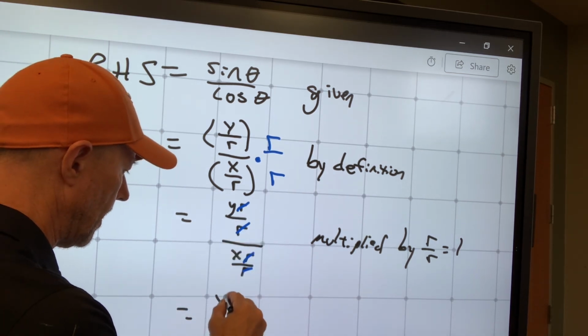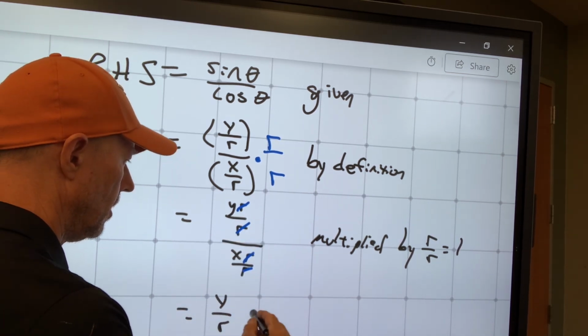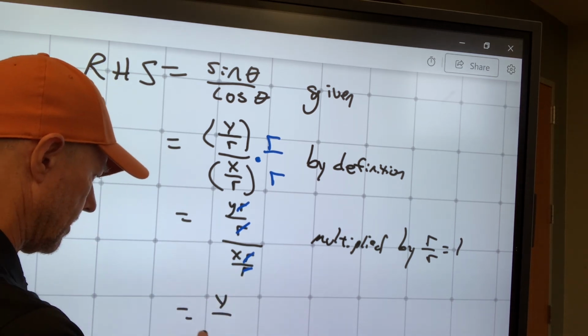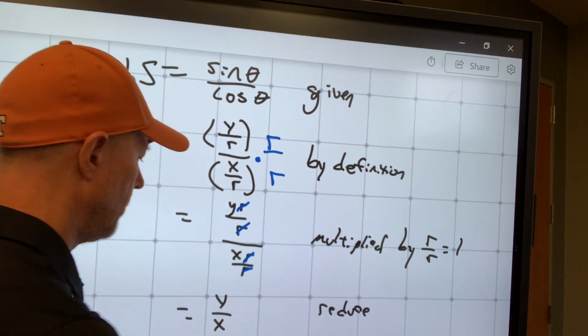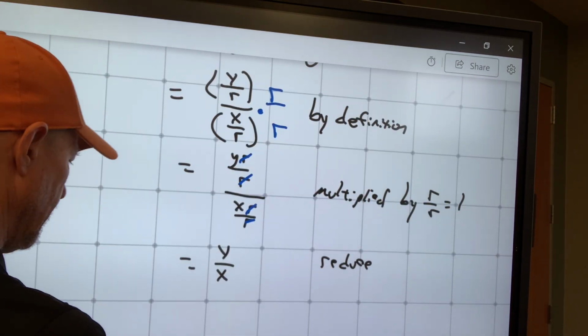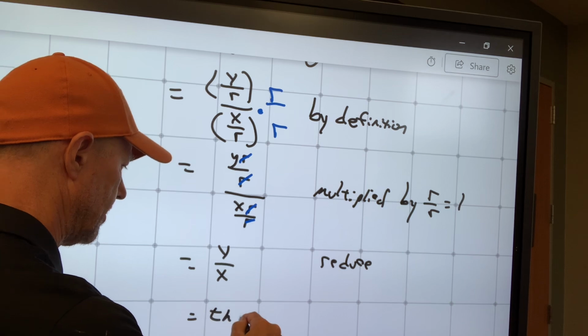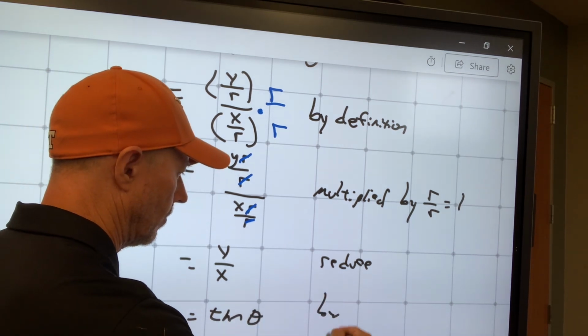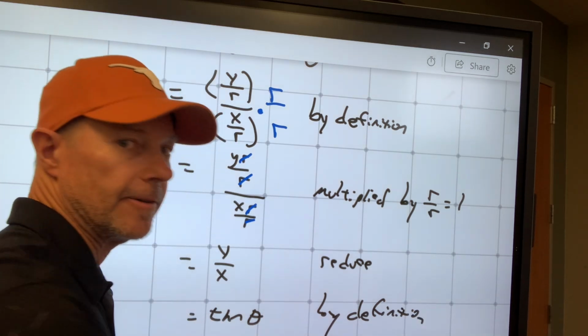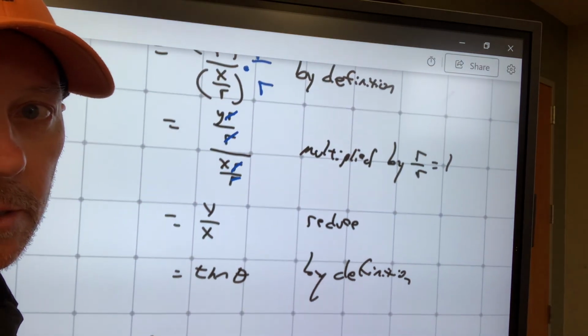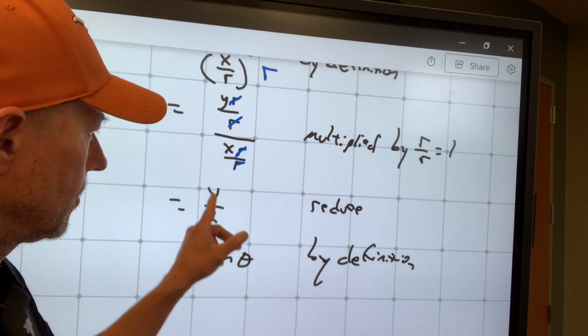And that leaves me y over x when I reduce those common factors. But y over x is by definition tangent of theta. That's the definition of tangent, that it maps the angle to y over x.